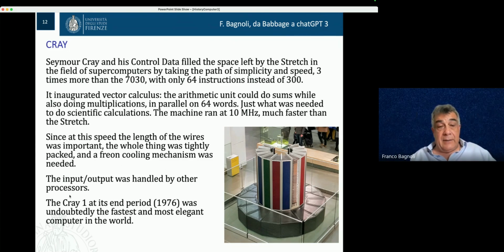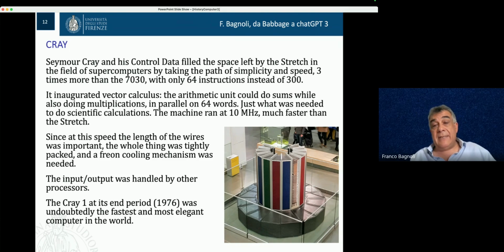And the other point that will become more and more important in the future was that the length of wires became the main factor for the speed of the computer. The computer was not so fast, just 10 megahertz, but it was fast enough that the length of the wire became important.